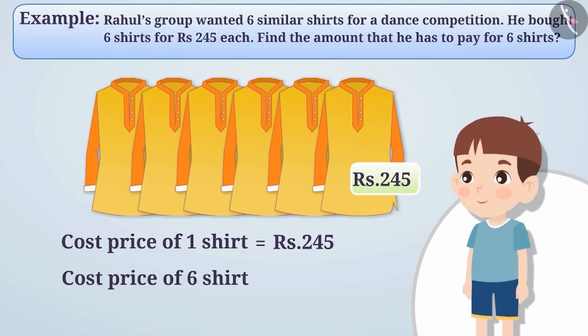In order to find the cost of 6 shirts, we have to multiply the number of shirts, that is 6, with the cost of one shirt, rupees 245. Therefore, cost of 6 shirts is equal to rupees 245 into 6, which is equal to rupees 1470.